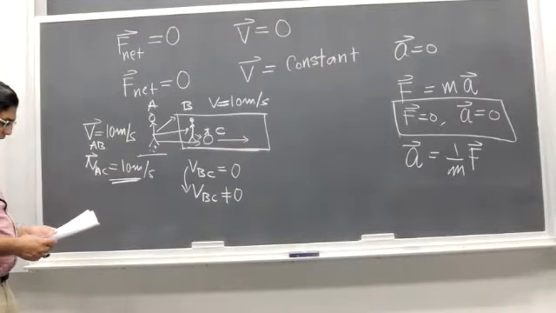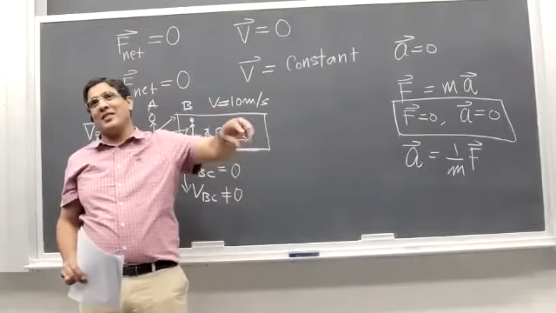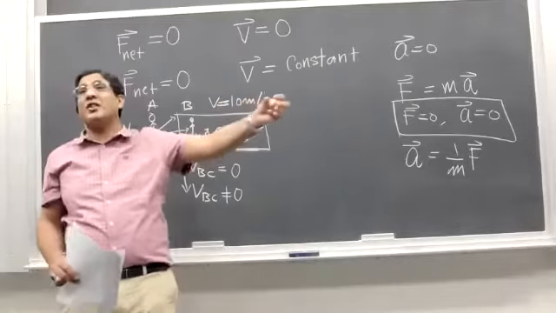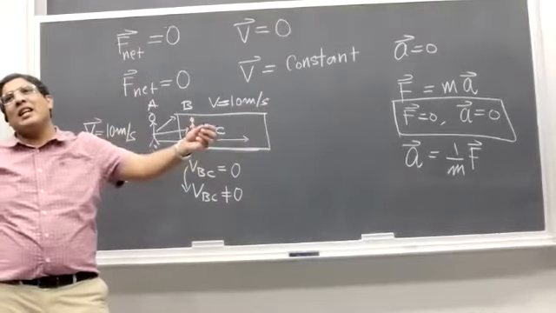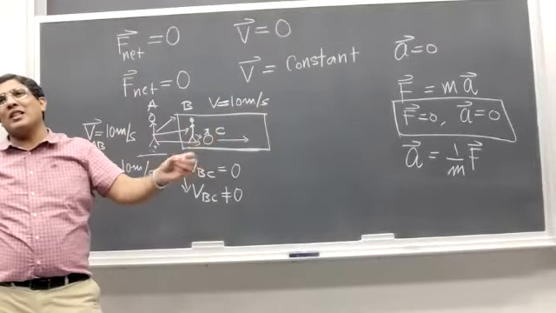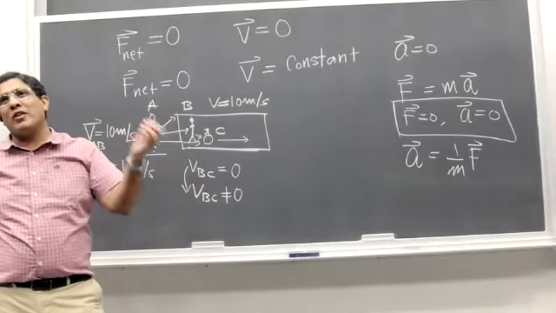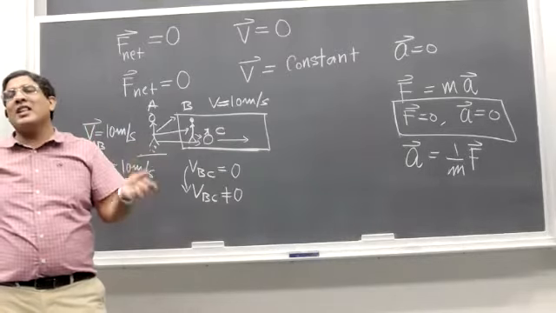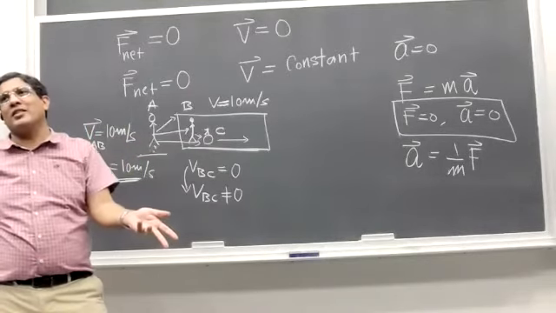An inertial frame is the one that if you place an object in it, an inertial frame of reference, or if you place an object with respect to it, if there is no force acting on that object, it would not accelerate. And if it is accelerating, there is always a force acting on it.